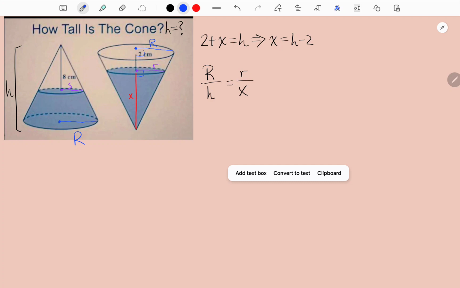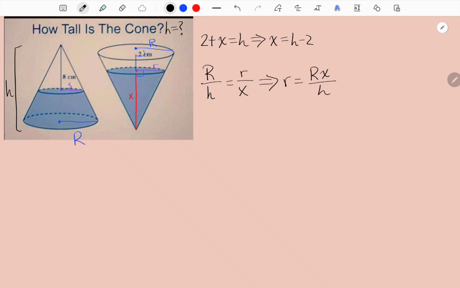The ratio from how much you shrink R to little r is the same as how much you shrink h to x. So now we get that little r is equal to R times x divided by h.